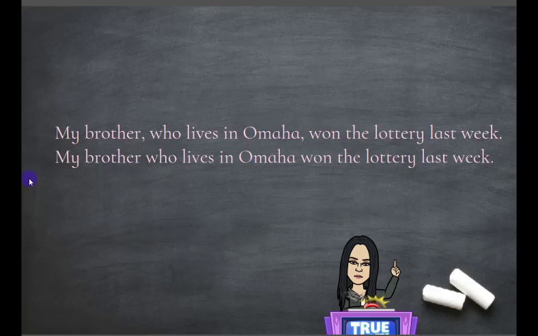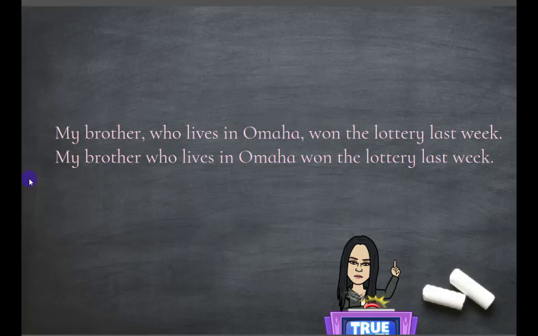As a reminder, the commas that are included are just by the way. They're not important for us to make sense of the sentence or to know the meaning. Whereas if we leave the commas out, we know that it is an essential phrase. It's absolutely necessary to have that phrase in there for clarification.